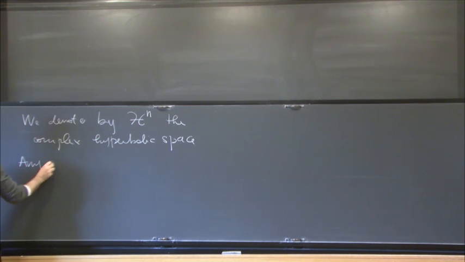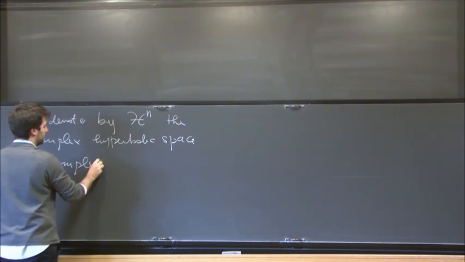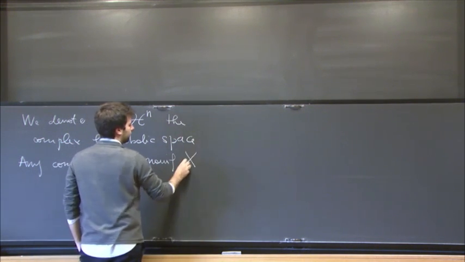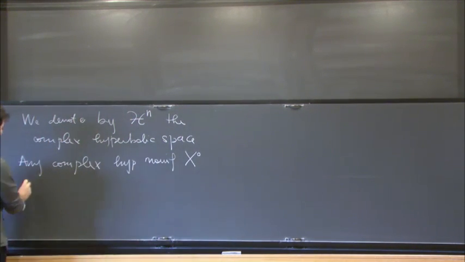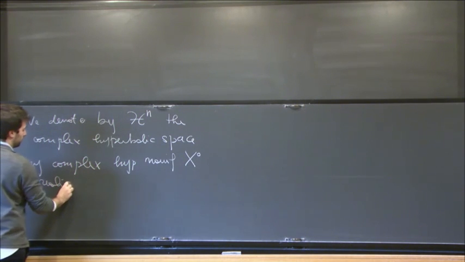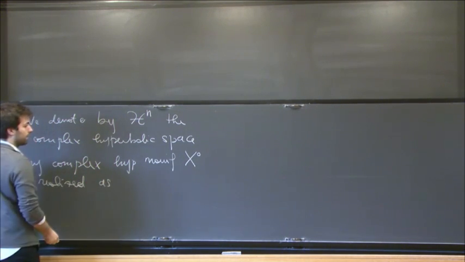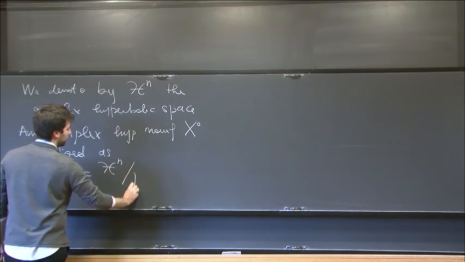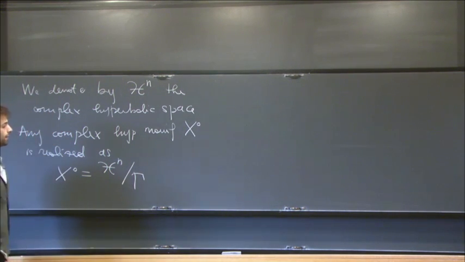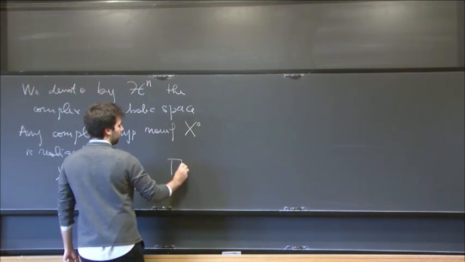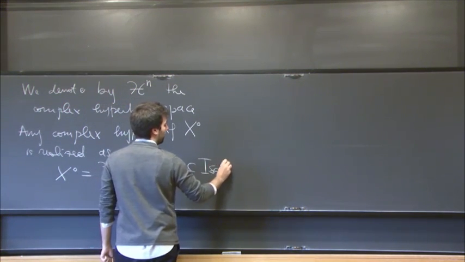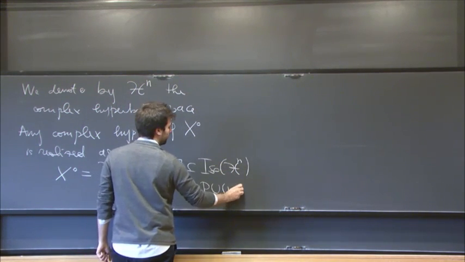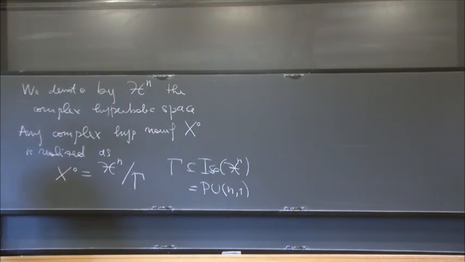Any complex hyperbolic manifold X naught is realized as Hn modulo Gamma, where Gamma is a lattice in the isometries of Hn, which is isomorphic to PU(n,1).